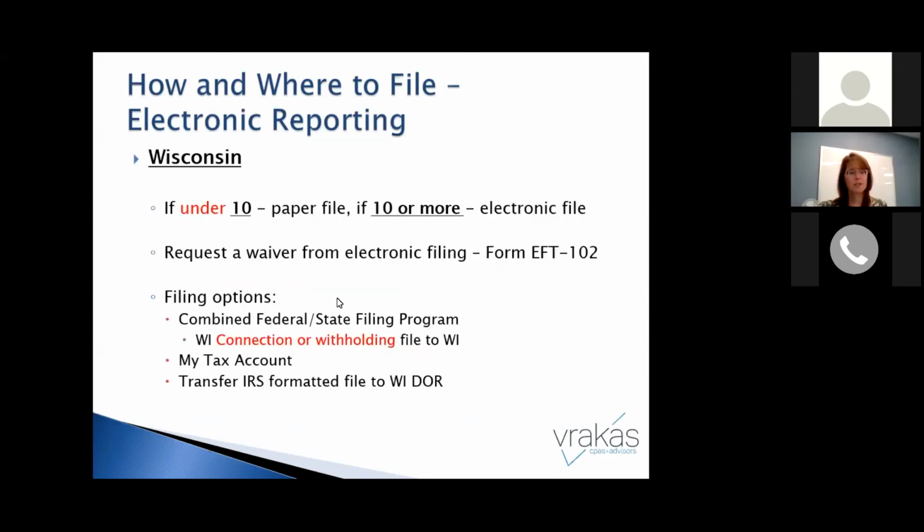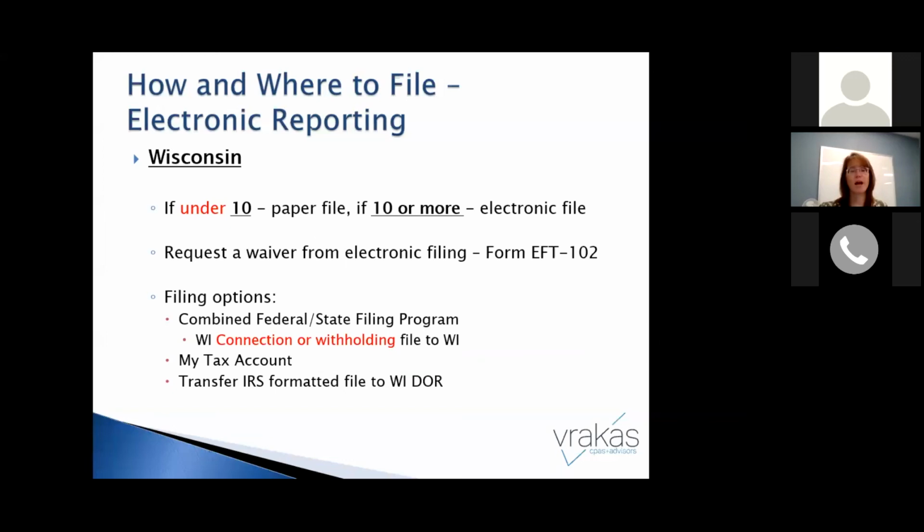But I do want to mention that even though the IRS has that 250 recipient rule, Wisconsin has a smaller rule: if it's 10 or more, meaning if you file 9 1099s, you can paper file, but at 10 you need to electronically file them. And it's just of one kind.